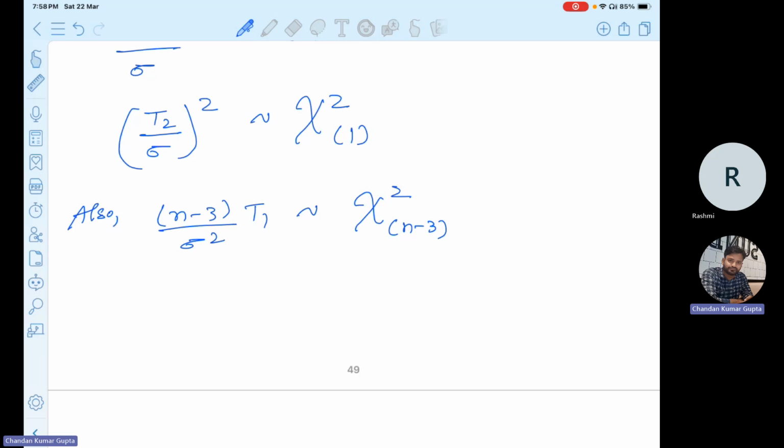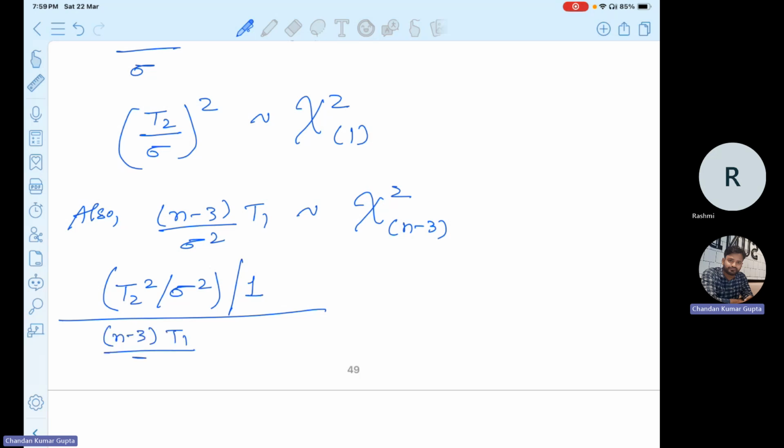So again, it's T2 square divided by sigma square, divided by its degree of freedom; since its degree of freedom is 1, I divide it by 1. Now again, (n minus 3) T1 upon sigma square is divided by its degree of freedom, that is n minus 3.